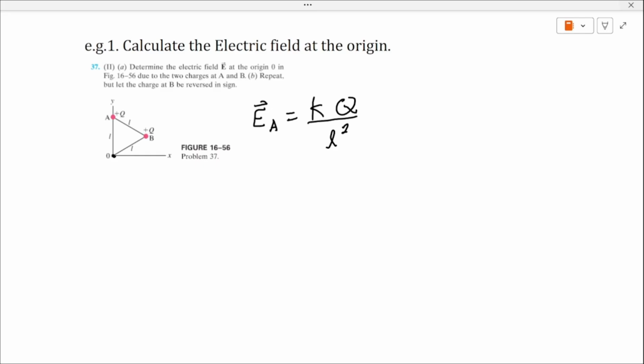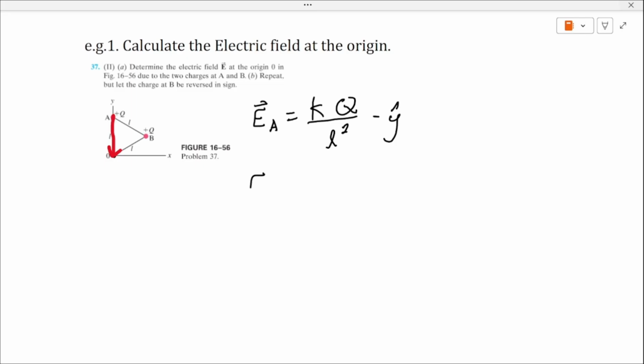And our point is the origin, which doesn't necessarily have to have a charge there. And our source is going to be L in the positive y direction. So in this case, the electric field is directed in the negative y direction. So we put negative y hat.